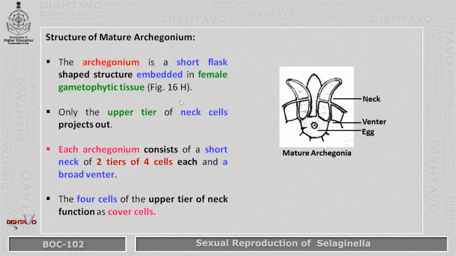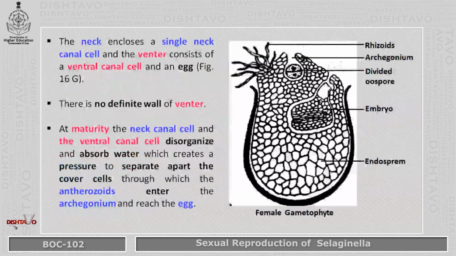This is the picture which shows the broad venter. The 4 cells of the upper tier of the neck function as cover cells. The neck encloses a single neck canal cell, and the venter consists of a ventral canal cell and an egg. There is no definite wall of the venter.